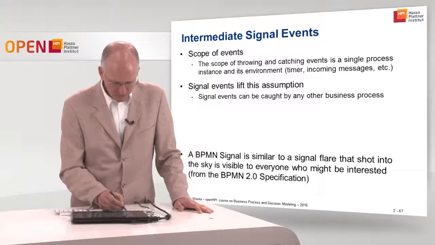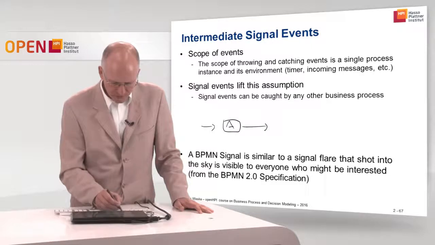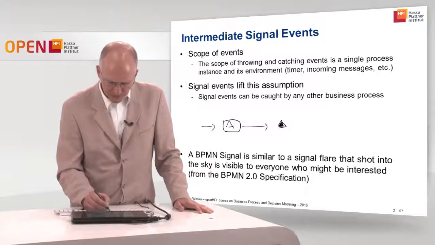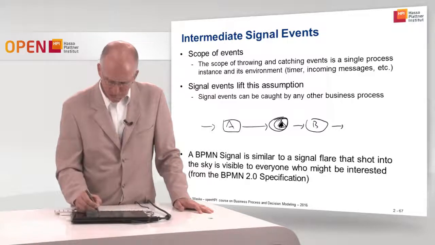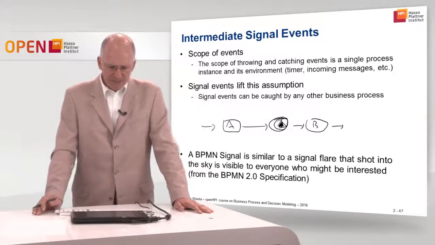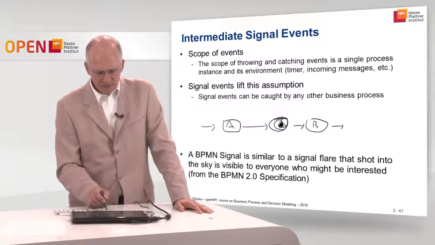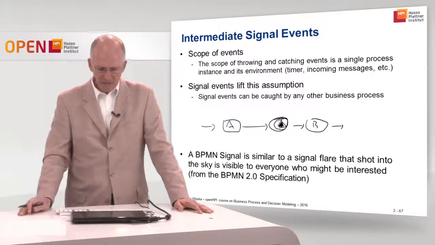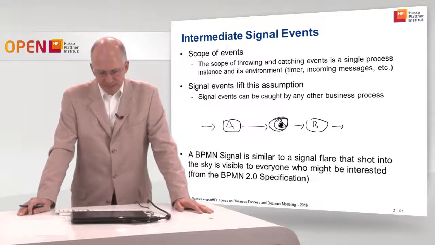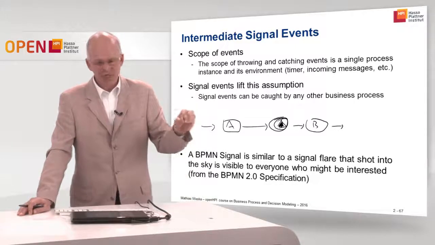Okay, so how does a signal event look like? Very simple example, activity A. Then we have a signal event. Signal events are triangles that, if throwing, are black inside, and then we have B. That's a throwing event, and that means after A has occurred, a signal is thrown, and then B occurs, and this signal can then be caught by a number of other business processes.